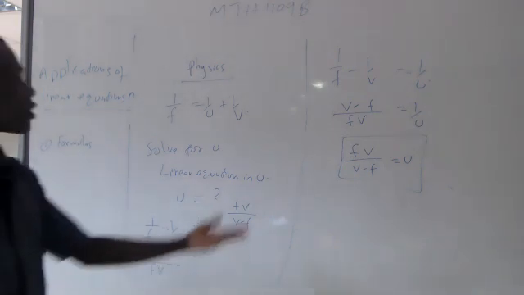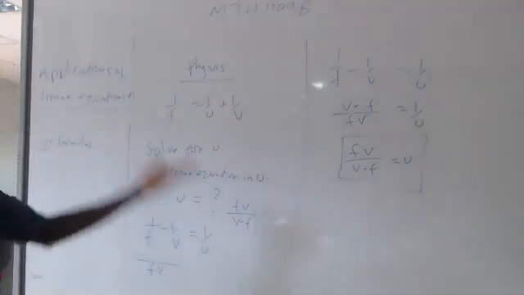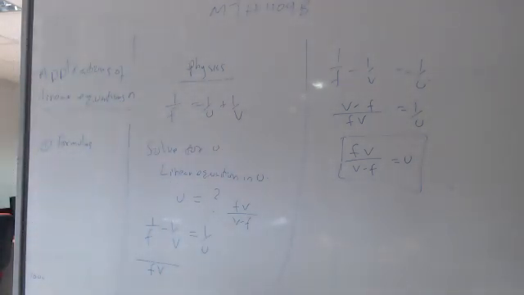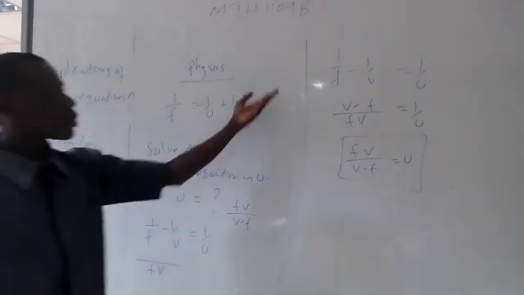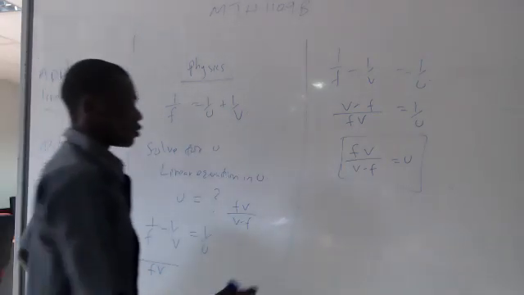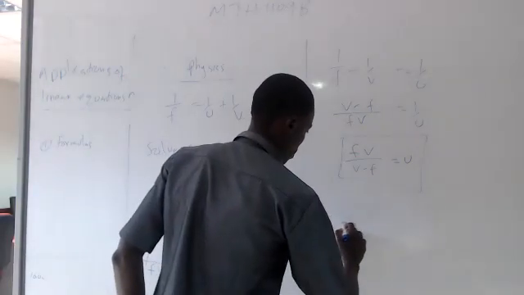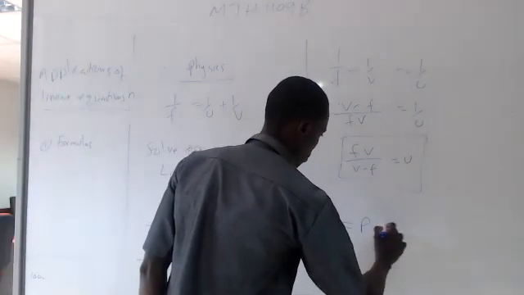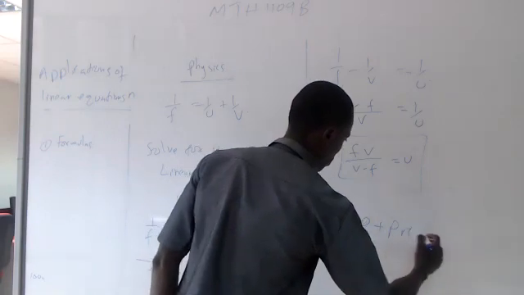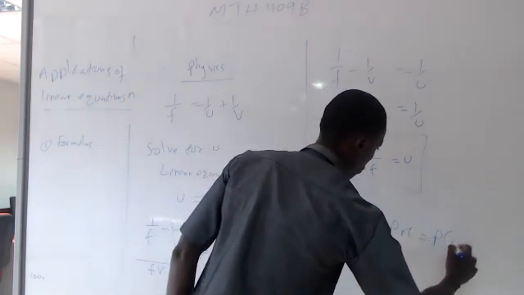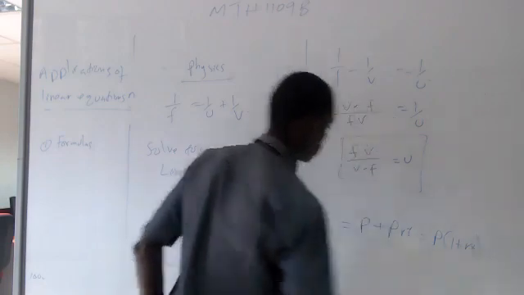And you will meet this kind of problem in so many instances. For example, for compound interest. We have looked at simple interest, but you could also meet a similar problem for compound interest, which we will see later on in the course, which is P plus PRT, and you could write this as P into 1 plus RT.